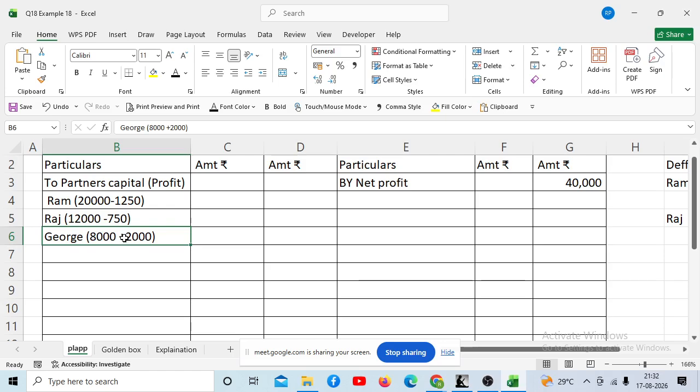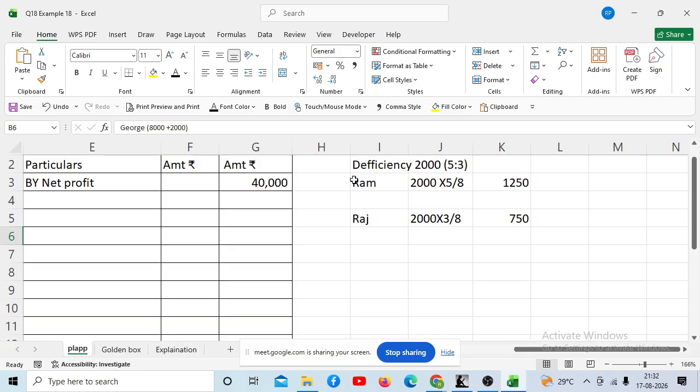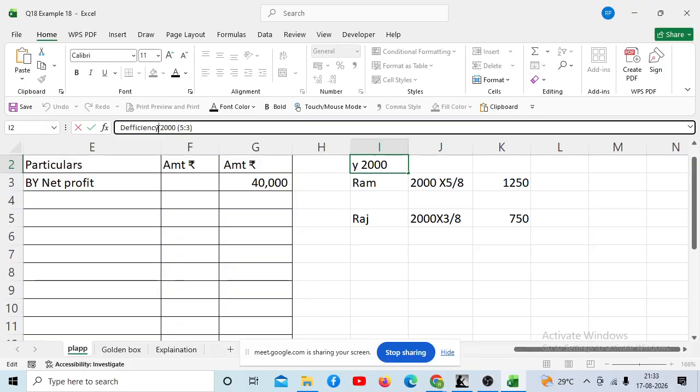And this shortage of 2,000 will be borne by Ram and Raj in the remaining profit sharing ratio. So just write this working note. See, there is a shortage of 2,000.